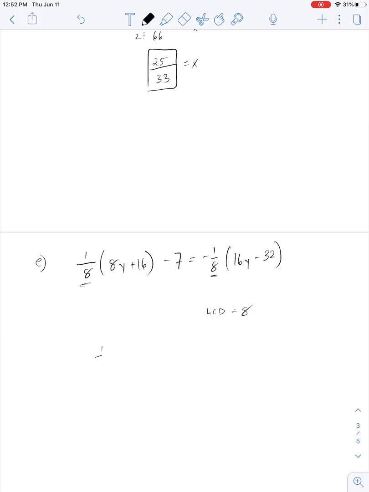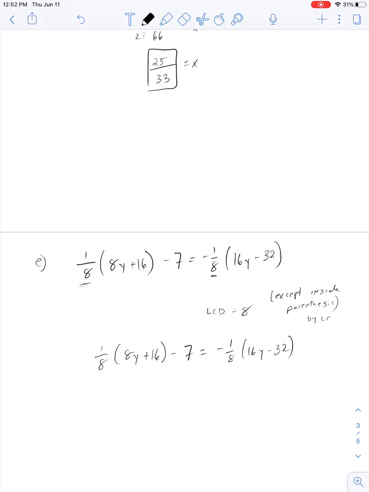And all we're going to do when we're getting rid of fractions in the equation, you multiply everything except inside parentheses, right?